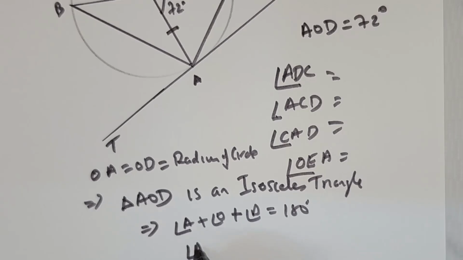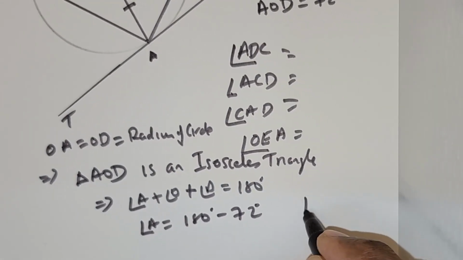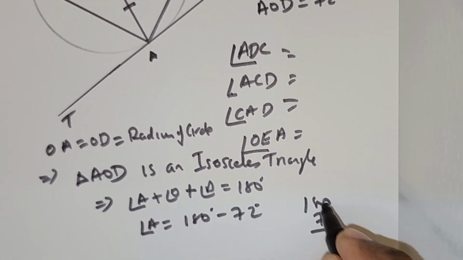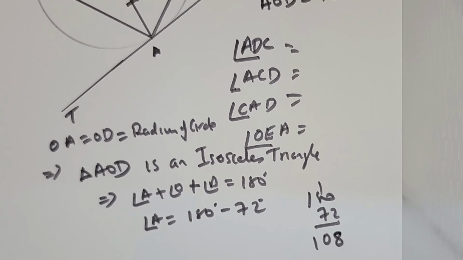So angle A is going to be 180 degrees minus 72 degrees. I'll explain to you why. So from 10 you take away 2, you get 8. So 108 degrees. Now you are getting this to be 108 degrees.